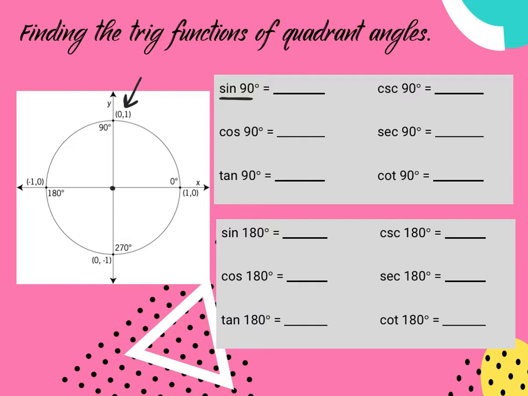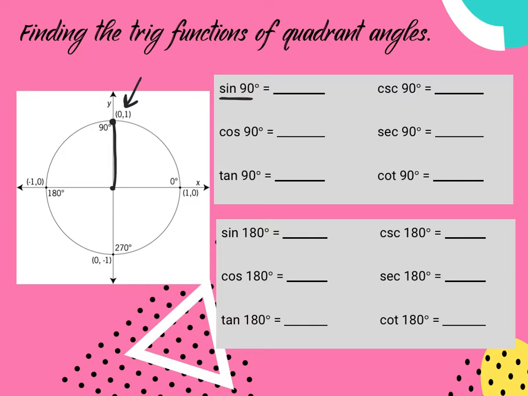Because you're not moving left or right at all, you're just going up, there's no triangle here. We cannot find sine, cosine, and tangent of a 90-degree angle using right triangles. Think about it. Opposite would be the same as hypotenuse, right? So you can't find the sine, cosine, tangent of any of the quadrant angles using right triangles.